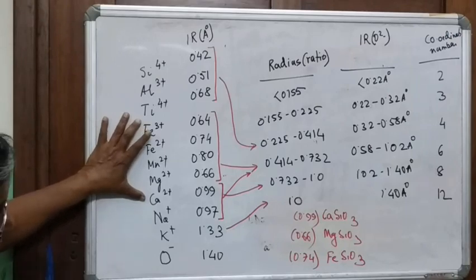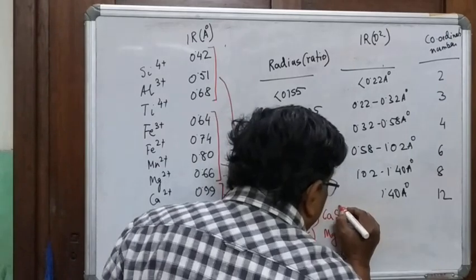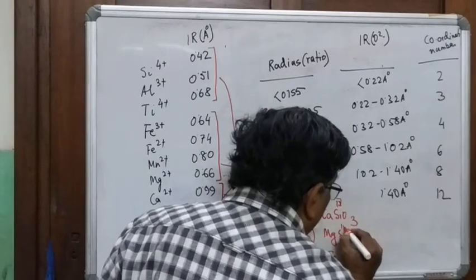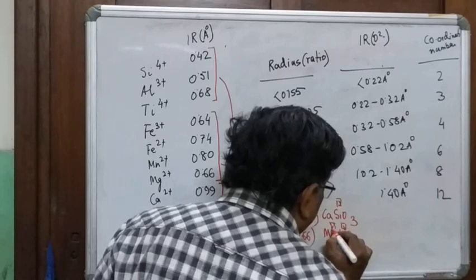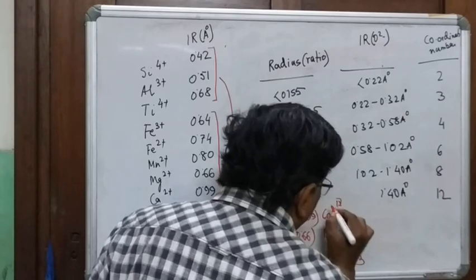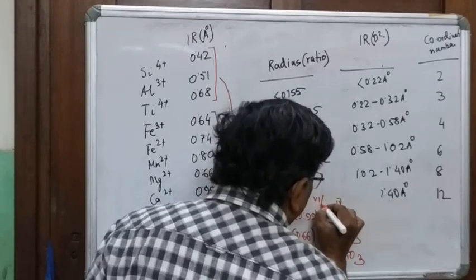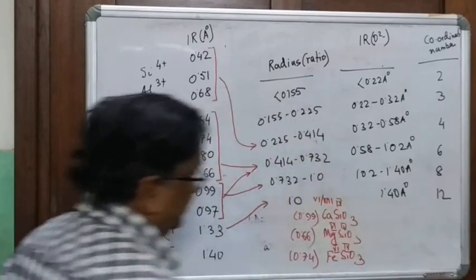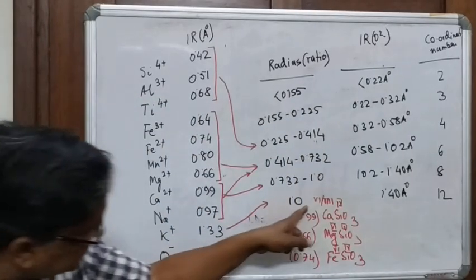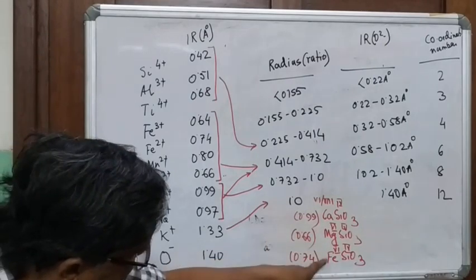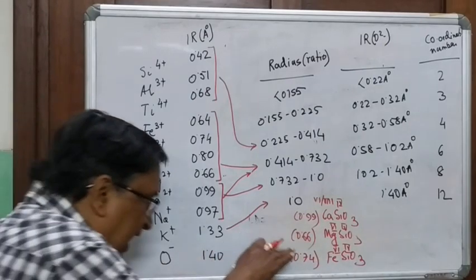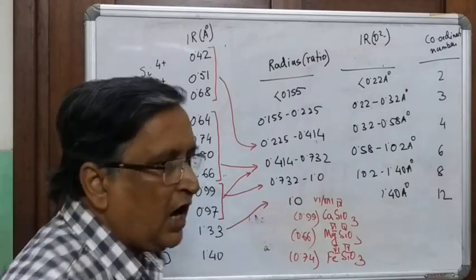So you can see what happens, whereas silicon is always 4-fold. Magnesium is 6-fold, iron is 6-fold, but calcium could be either 6-fold or 8-fold coordination. Magnesium and iron are 6-fold coordination, and they have different ionic radius.